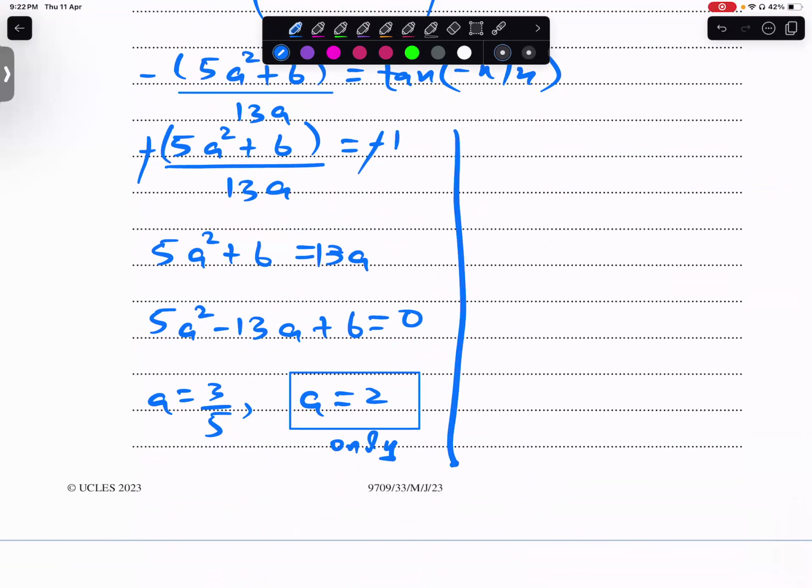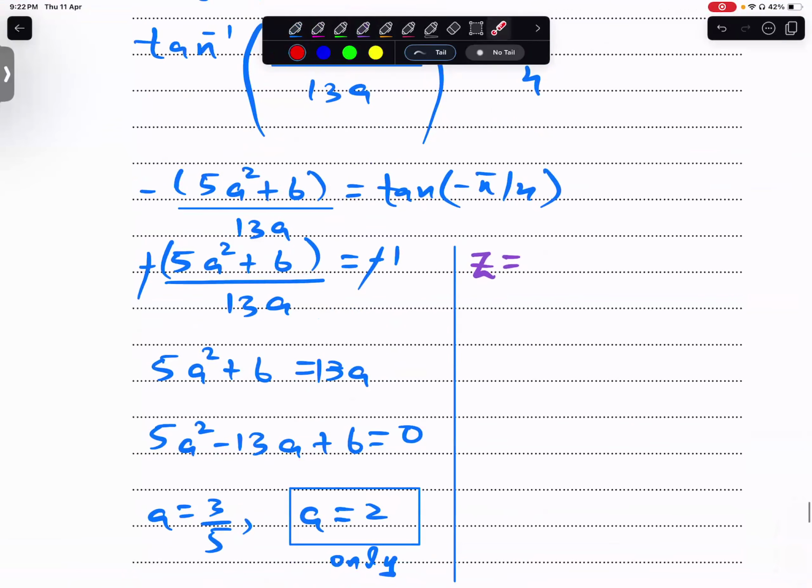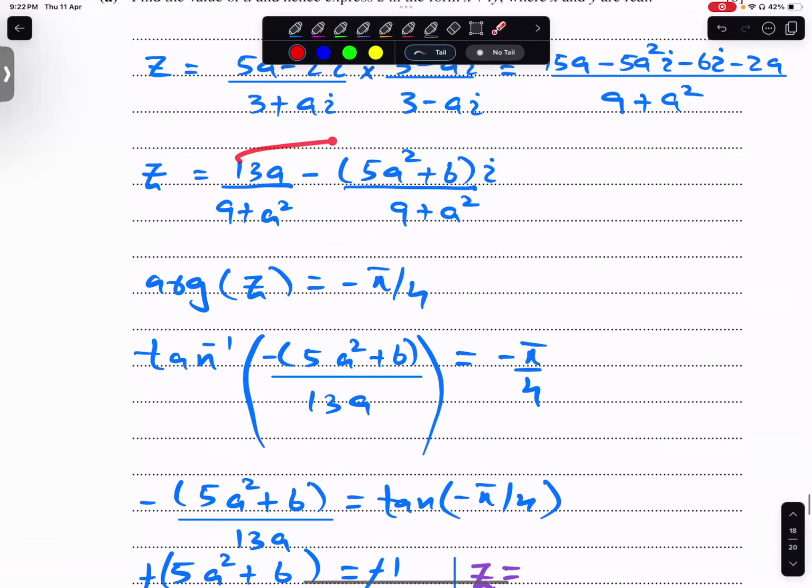And now I will find the value of z. So what is the value of z? Put this 2 here in this expression.